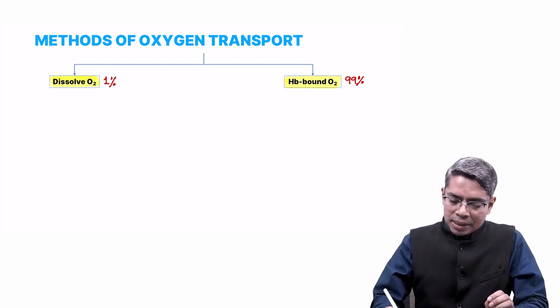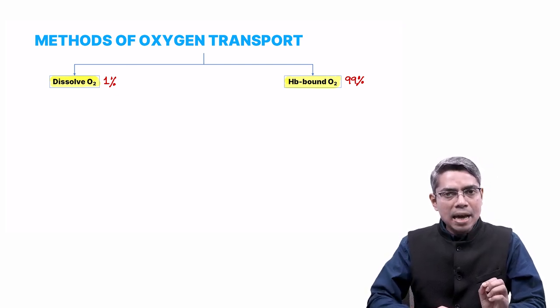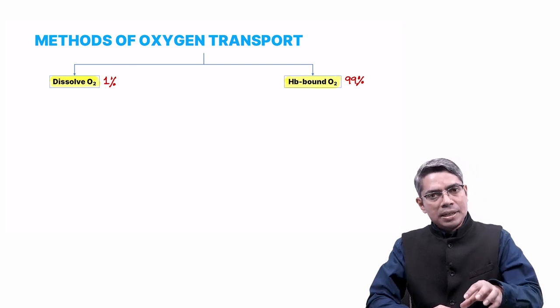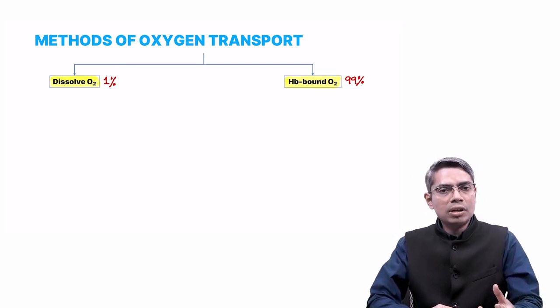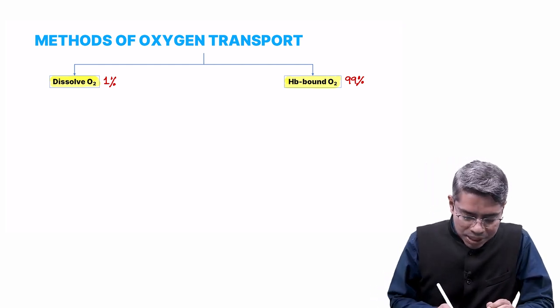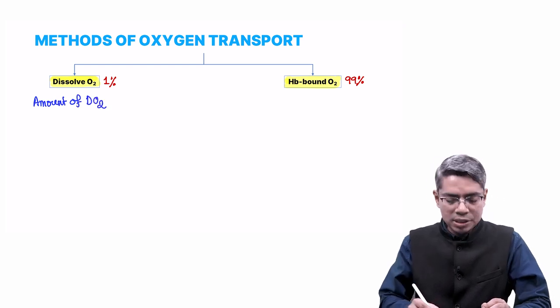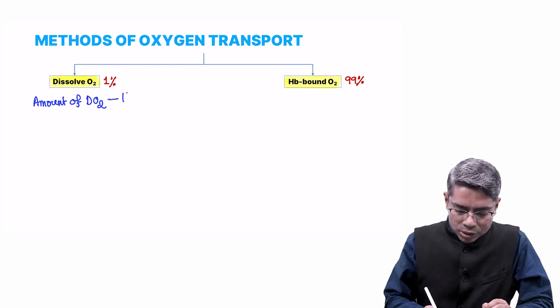Now, what is the meaning of dissolved oxygen? The dissolved oxygen is that oxygen which is present in the plasma portion or the water portion of the blood. Remember that the amount of dissolved oxygen, I am writing here DO2, D stands for dissolved oxygen, depends on a law known as Henry's law.